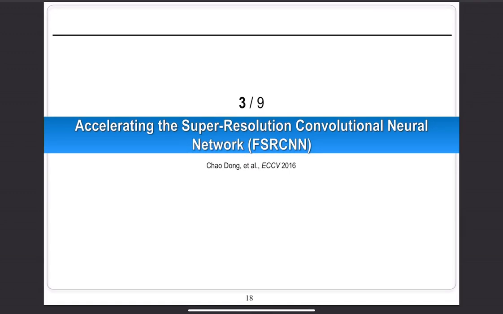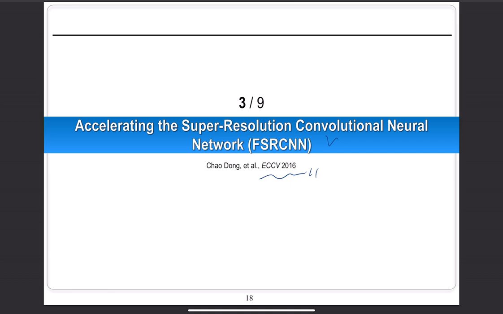Let's look at FSRCNN, which was introduced in ECCV 2016. Unlike the former slide SRCNN, FSRCNN processes the original low-resolution image directly without any kind of upsampling, such as bicubic or bilinear, as a pre-processing step.